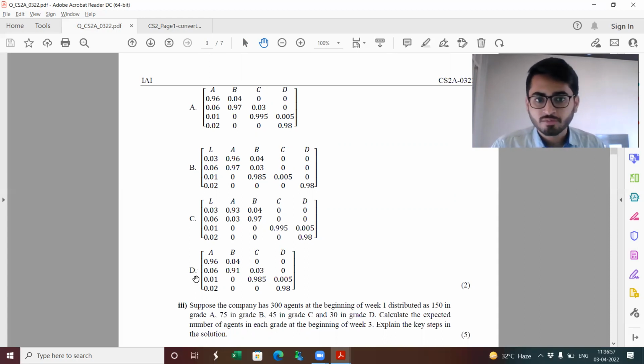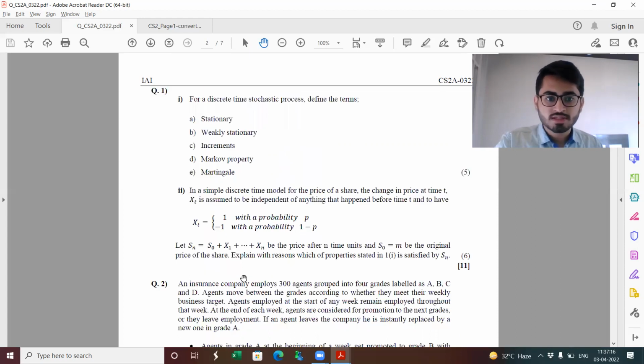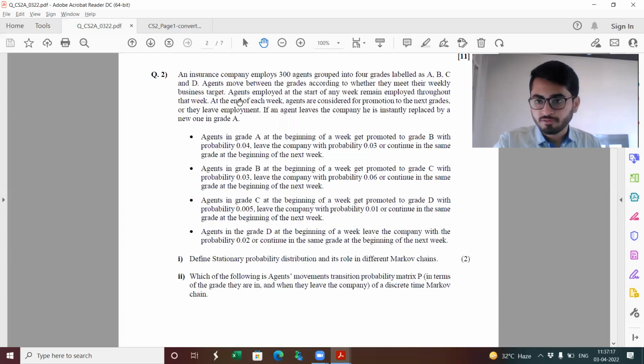So this was, I would say, a hack, or students who have good observation skills could have directly eliminated A, B, and C, and without even trying to understand the question, they would have got D. And once you have this, other parts can be done simultaneously, because the key thing in a Markov chain is to get the transition matrix. So you'll see they have written almost half a page.